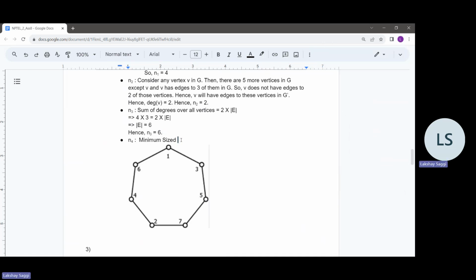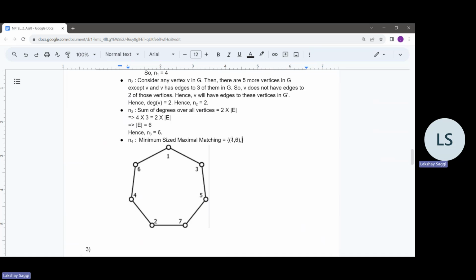So I'll just give an example. Minimum size maximal matching, and what's the matching? I'll just give out the edges of that matching. There can be multiple such matchings; I'm just writing one of them.